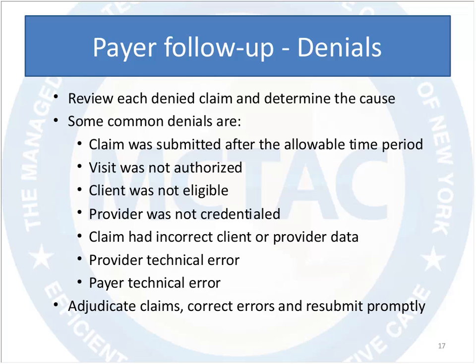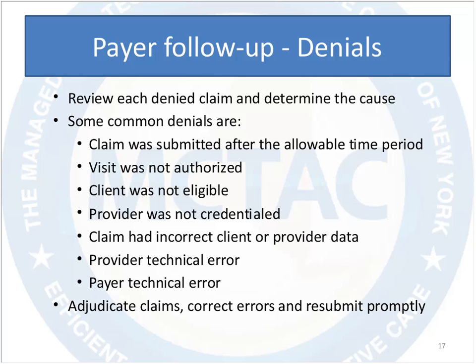There are also problems where the payer has a technical issue. It's certainly not unheard of for the payer to deny a claim incorrectly because of errors they have in their systems, either from a processing end or from the accuracy of their own data.